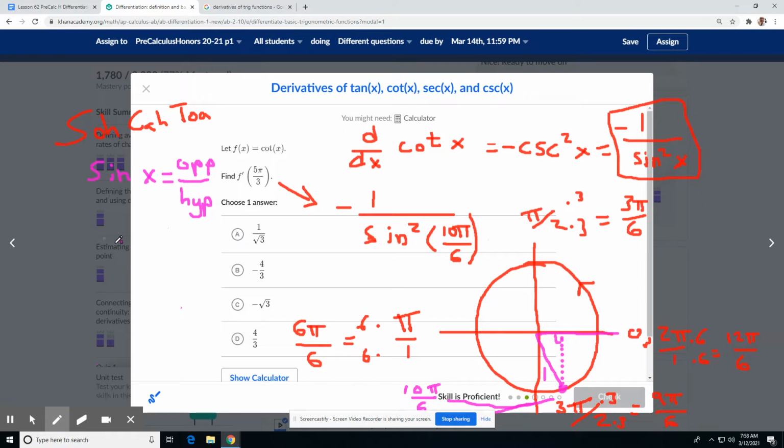So the next thing I like to do is, I think about tangent. I know it's kind of a side step. Tangent is sine over cosine. I have that memorized, which is y over x. Sine is the y component. Cosine is the x component. So I am looking for the y component here. What is this value?